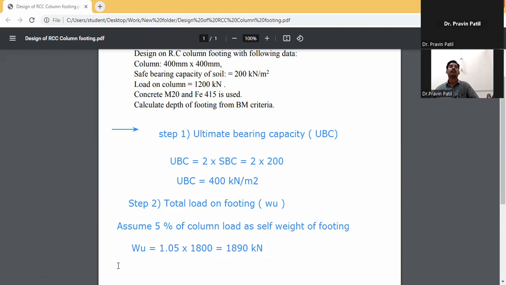Okay. And step number 3, area of footing, that is we can say it is AF.